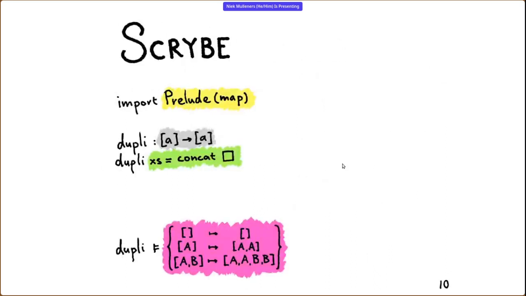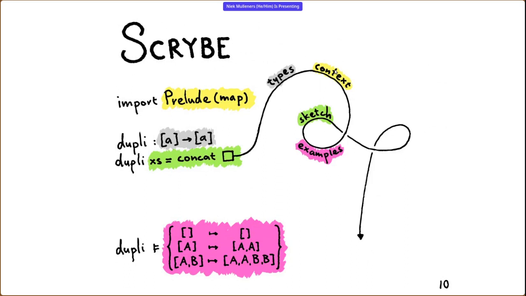So again, for an overview, we start with some imports, some type, maybe a sketch, and some tests. And we take all this stuff and we add some extra stuff to it. First of all, by introducing all these different functions in the context, we might introduce many programs that are not in normal form.